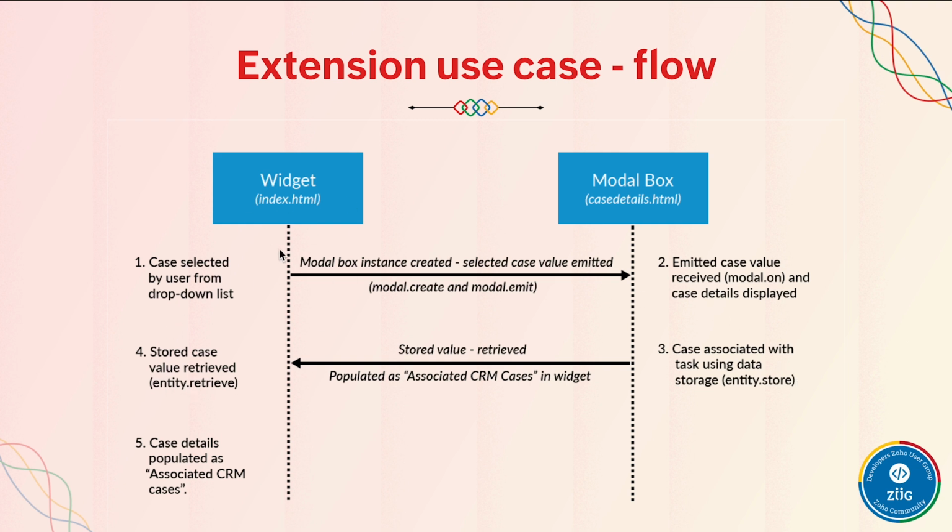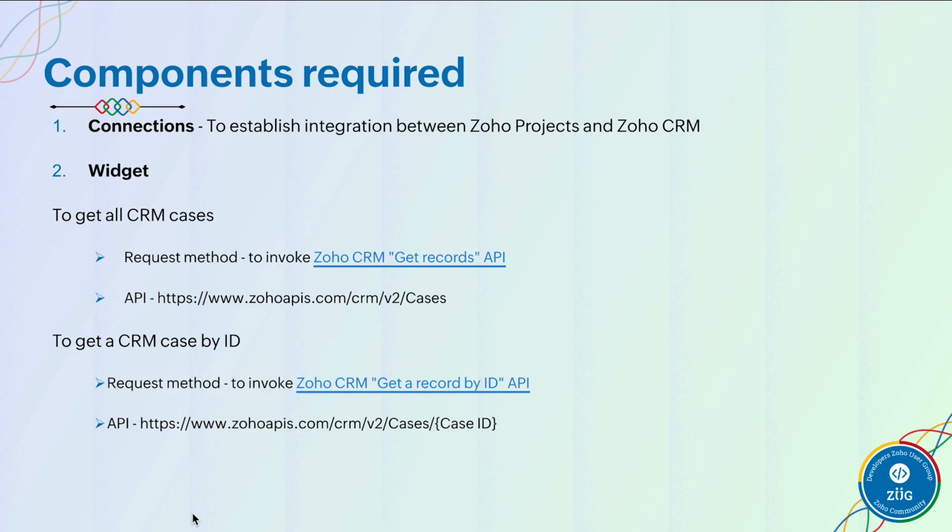So when this parent widget loads again, you can use the entity.retrieve method to retrieve that case detail that was stored against a specific task and have it displayed under the associated CRM cases section. So in this way, we've utilized widgets, model box and entity data storage concept as part of this same use case. So this was the data flow.